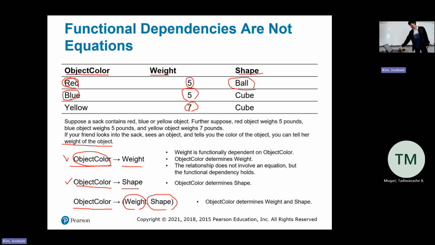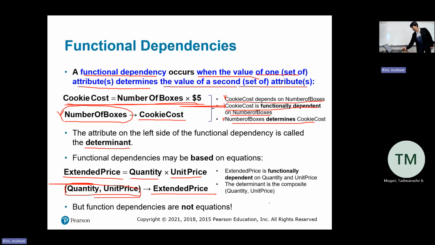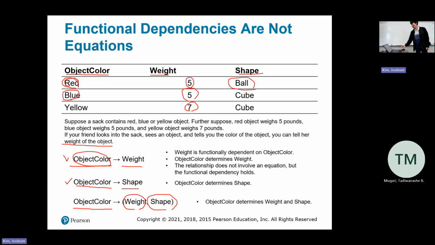Make sense? The previous example is based on an equation like this: quantity multiplied by the unit price is an equation. So functional dependency can be used in an equation relationship, or this table, which is not an equation, but functional dependency is also used.